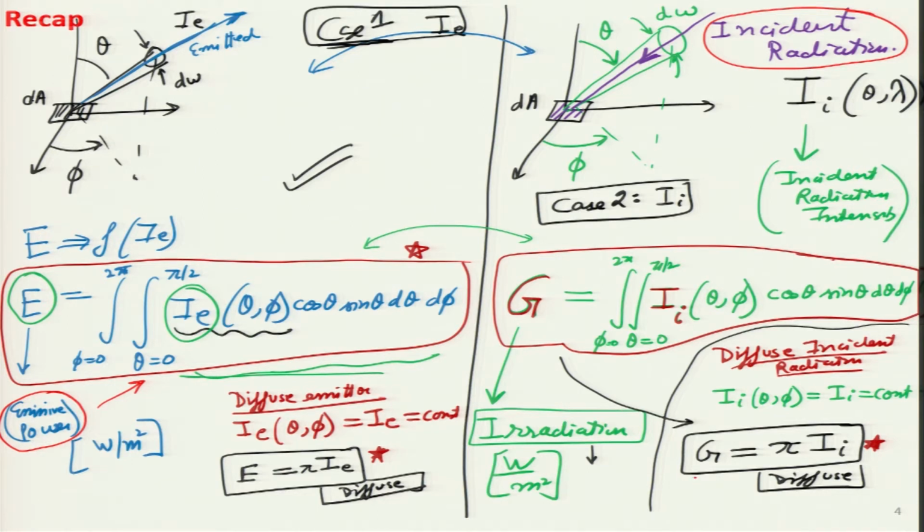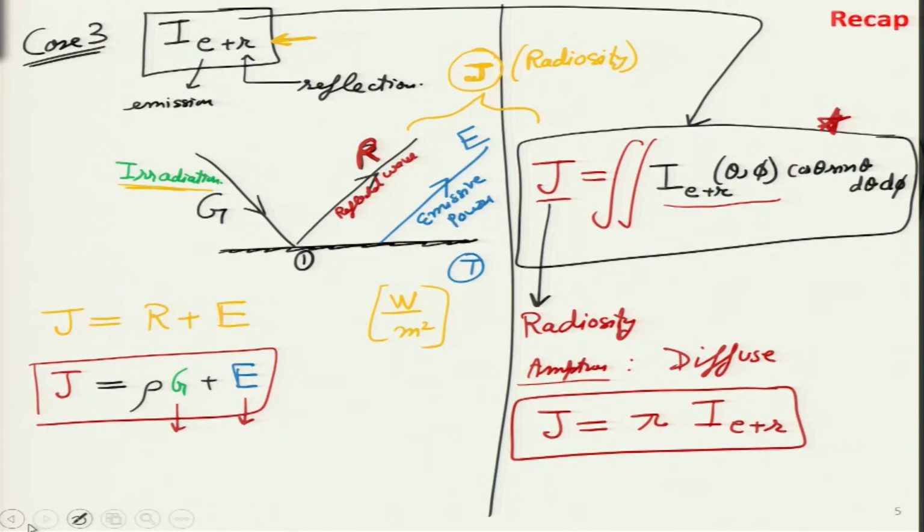The earlier case was for emitted, now we are looking for incident radiation, which is on the right hand side of this particular slide, and there we define this variable capital G, which is known as the irradiation. So, this is kind of the incident power flux on a particular surface, and that is given as a function of II, which is the incident radiation intensity. And later on we combined the factors for two types of radiation.